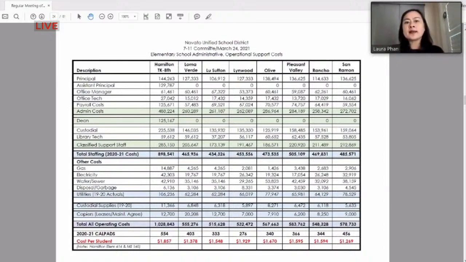Secondly, when we're looking at the cost of a school, we're looking at those costs associated with the facility and the school site, and not necessarily the costs that would move with the students as they are transferred to other sites. An example would be food service workers.